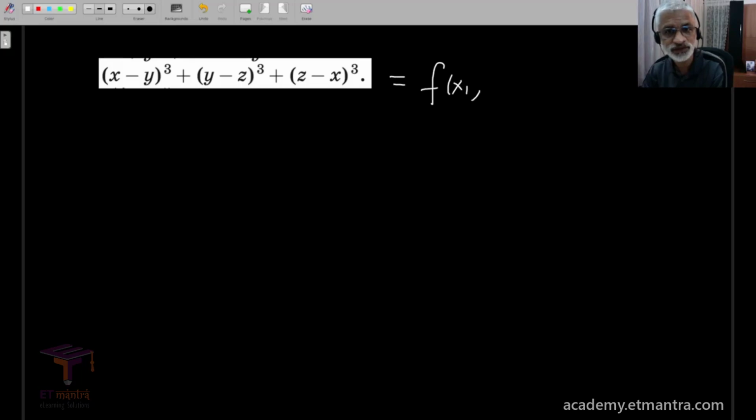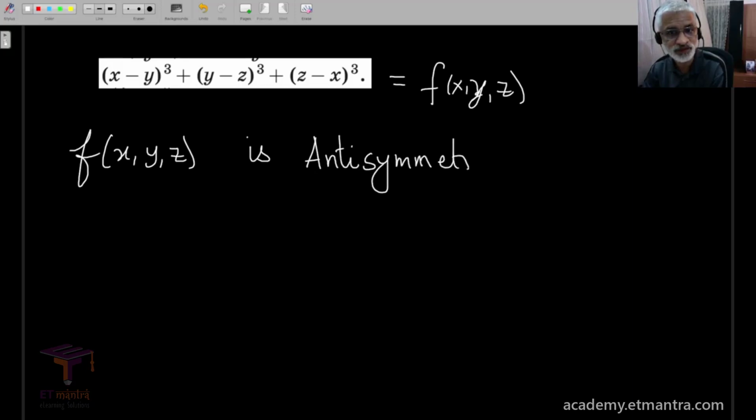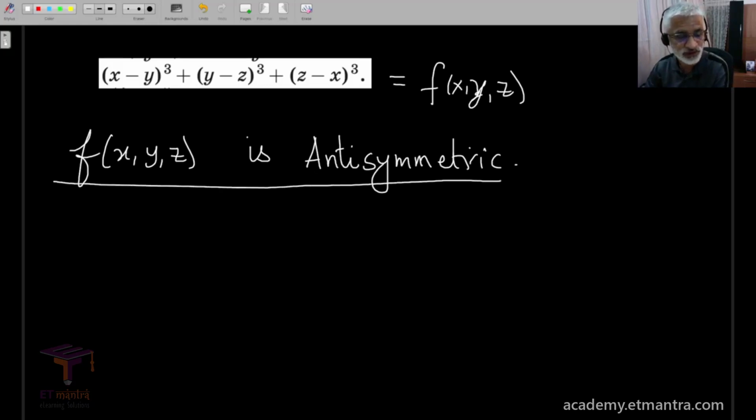What you have to notice here is that the so-called function is, now this is a big word, so if you're hearing it for the first time, you must go and learn this up. It's a very simple idea, and it has some significance, as I will come to in a minute. If you notice that the function is antisymmetric, now why am I calling this function antisymmetric?